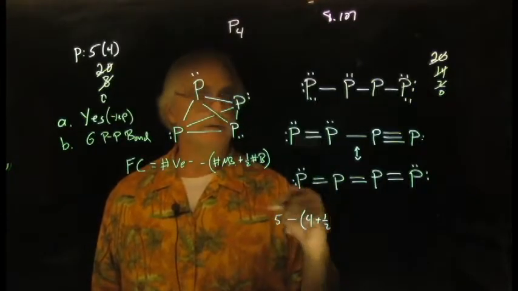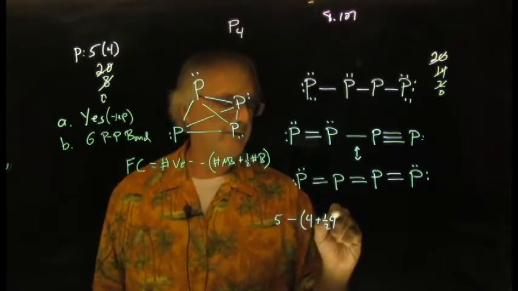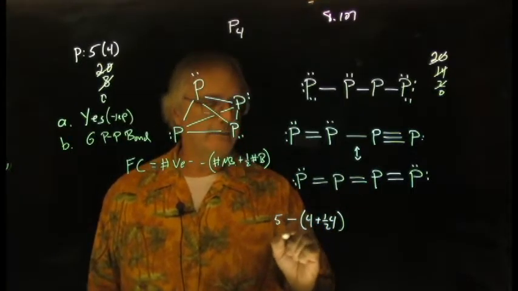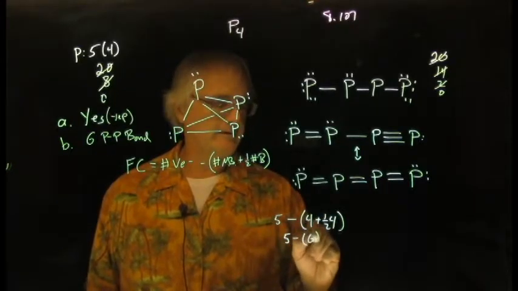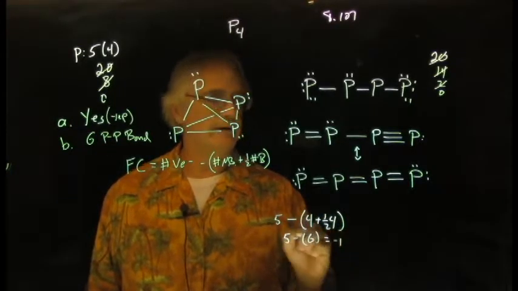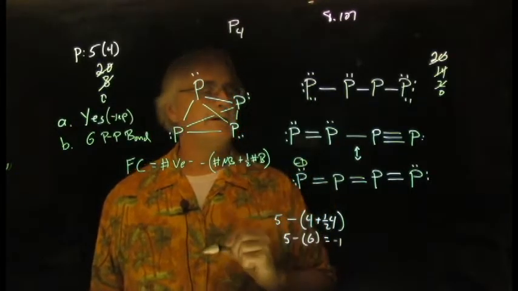There are 2 bonds here, each containing 2 electrons, 1, 2, 3, 4, and so half of that. And so what I end up with here is 5 minus 4 plus 2. 4 plus 2 is 6. 5 minus 6 is negative 1.